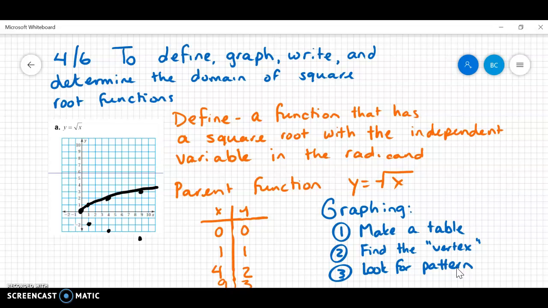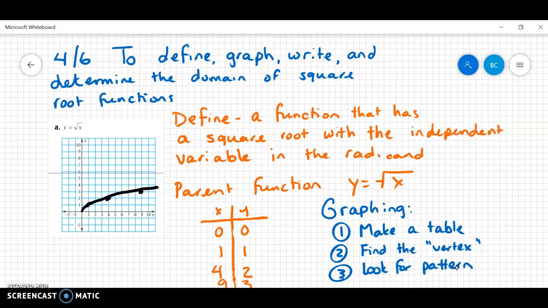But notice that if I include this part of the function, if I include that negative root, it's no longer a function because it no longer passes the vertical line test. So when we're working with square root functions, we only use the positive root, and we don't use these negative roots. Again, because if we did, it would no longer be a function.